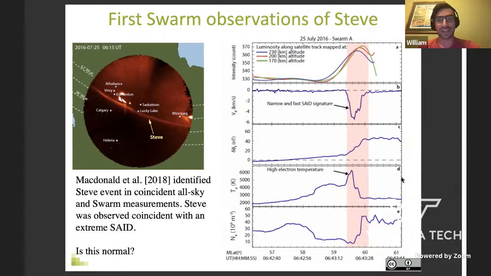But in this particular instance, we got this beautiful data that we see on the right here, where, as Bea said before, co-located with the optical signature of Steve, we saw a narrow flow channel on the ballpark of 5 kilometers per second.